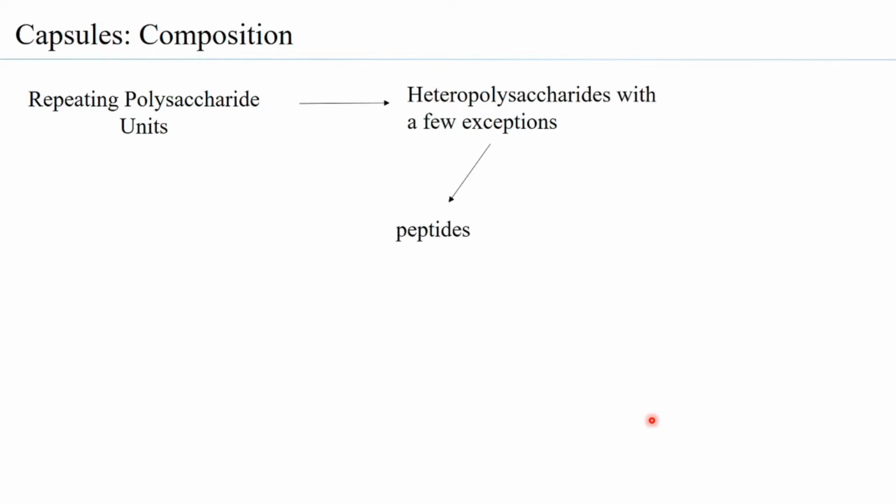The exceptions are that you can have capsules made up of only peptides, with different peptides coming together through different linkages to form a capsule, or you could have glycans and peptides combining to form the capsule. So it's not necessary that a capsule is only a polysaccharide component. It can also have peptides present within its structure.